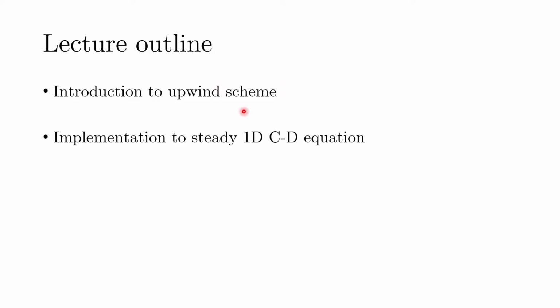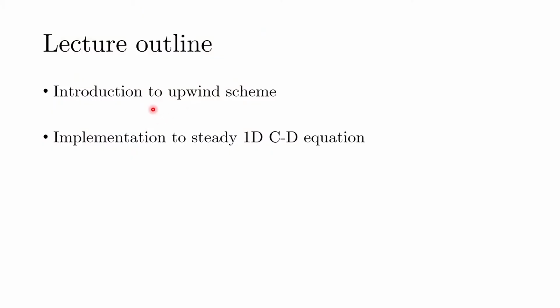So in the past two videos, we have looked at how we can use the central differencing scheme to solve the steady one-dimensional convection diffusion problem. And in the lecture today, we are going to shift our attention to the upwind scheme. This is because we had seen that the central differencing scheme was failing in certain aspects, especially if the Peclet number was high.